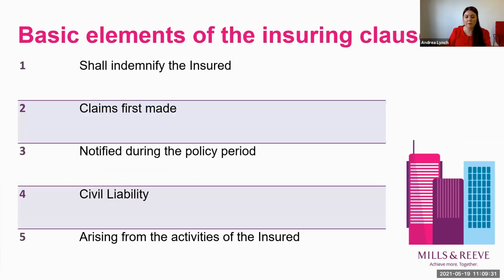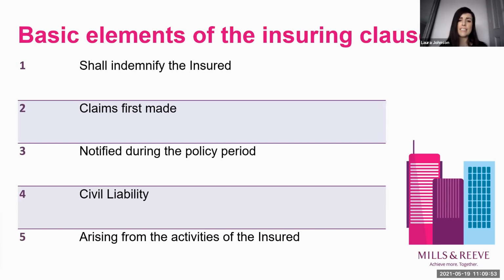Thanks, Adrian. So turning now to look at the final element of the insuring clause, which is arising from activities of the insured. Now, what exactly is meant by the term activities? Andrea, the activities of the insured are usually specifically set out in the schedule to the PI policy, particularly in the case of design and build contractors.